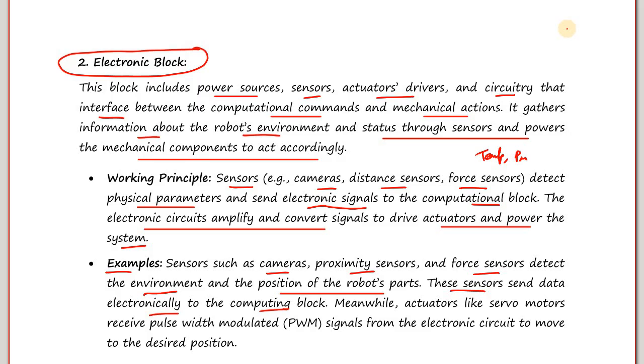In the meanwhile, actuators like servo motors receive pulse width modulated signals. It is a type of electronic signal. You will learn in class 11 or 12, I guess, in physics. Now, they receive these pulse width modulated signals from the electronic circuits to move to the desired position.